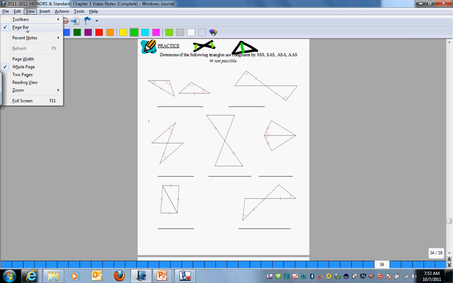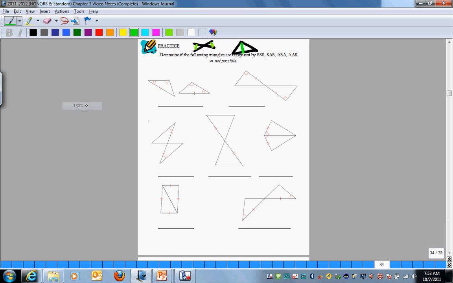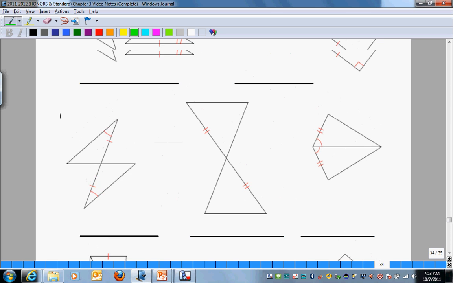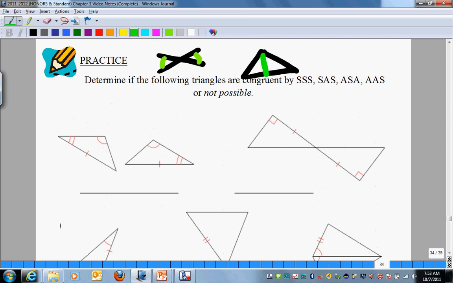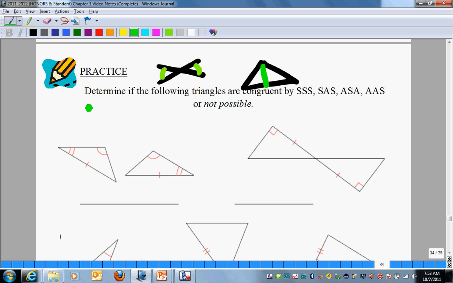Always retrace your given information first off. Okay, let's start by retracing. Here I have a pair of sides.